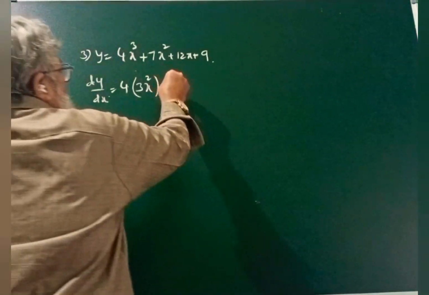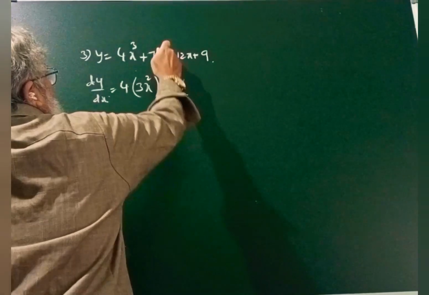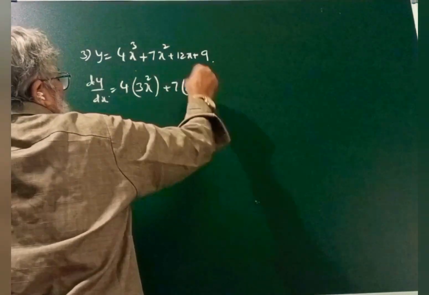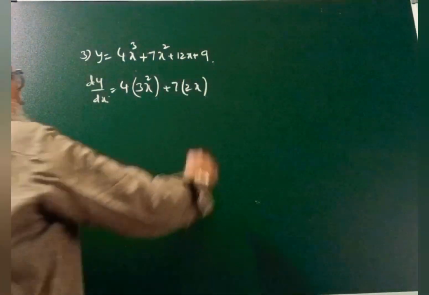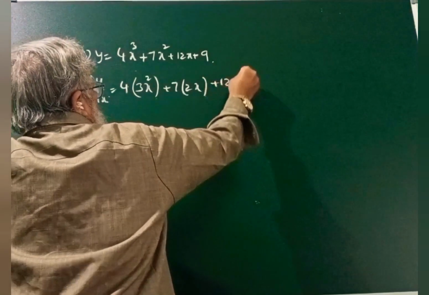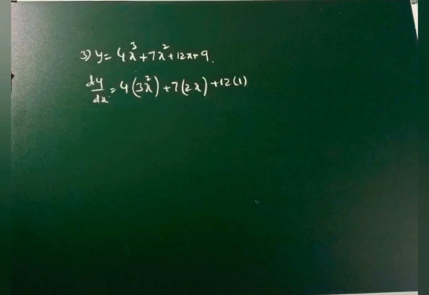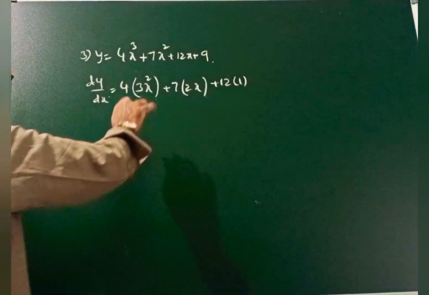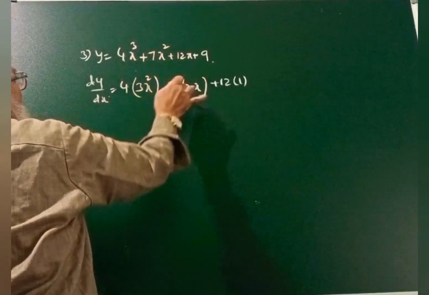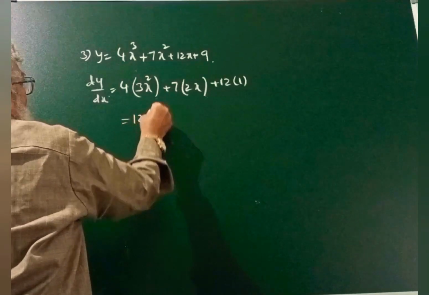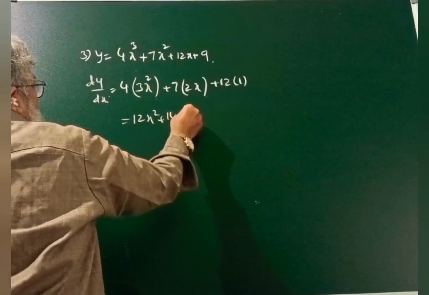Again here you see 7 times x raised to 2 minus 1, that is x, and plus 12, differentiation of x is 1, and differentiation of 9, an independent constant, is 0. Now after practice you can directly multiply and add, that is 12x square plus 14x plus 12.